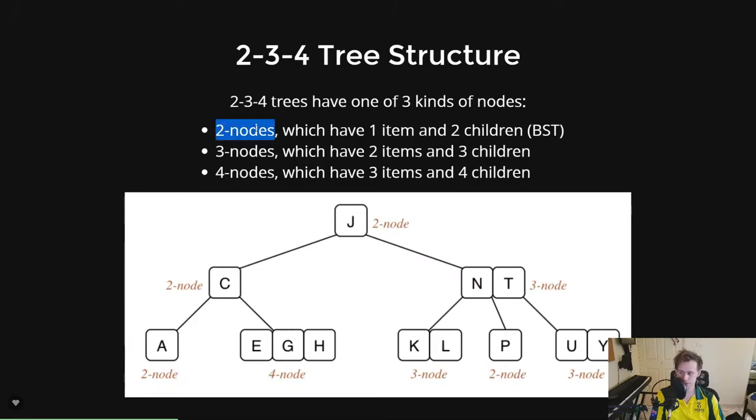Typically you look at the number of elements in a node, add 1 to it, and that's your node. So this one has 1 element, so it's a 2 node.